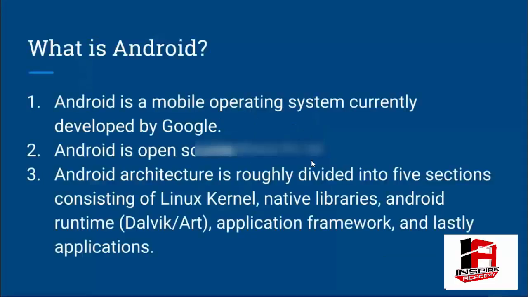So what is Android? Well, Android is a mobile operating system currently developed by Google. Android is open source, and that open source mentality is what allows HTC, Samsung, Motorola, all these guys to take Android and go ahead and modify it, right?